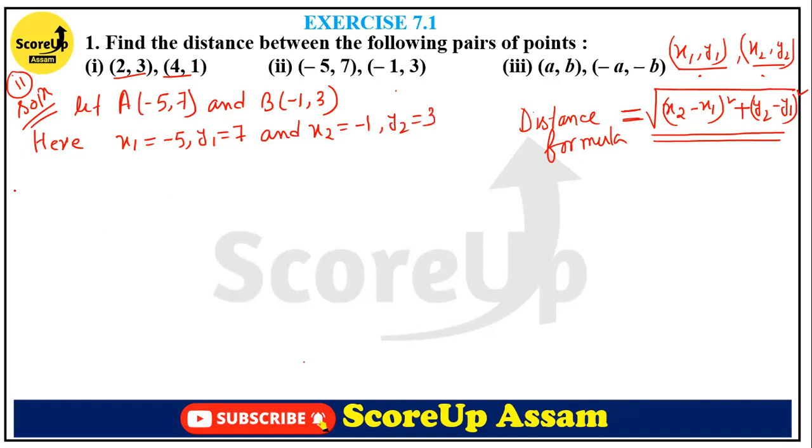Now we are solving for the distance between A and B. This is our A, this is our B. So the distance between those two points, we have to write like this.